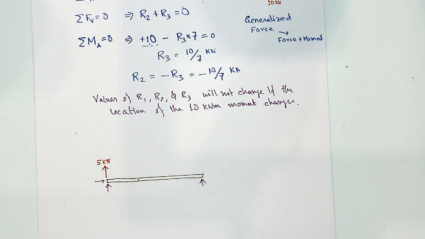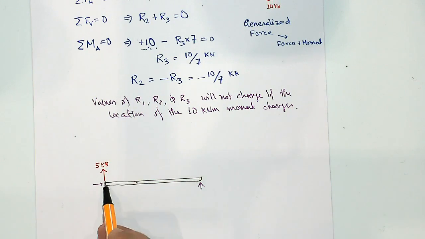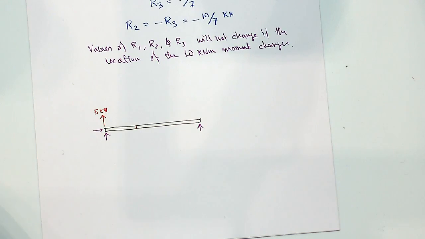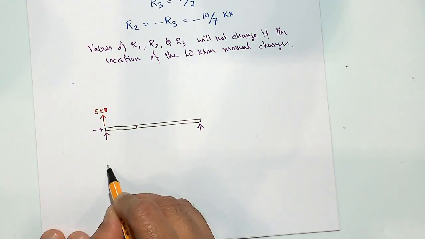That's a good question, because something similar applies when the moment is acting at a distance, or when you transfer the effect of a load. There are two things you have to consider. If, for example, there was a load like this and you want to transfer it to another point, you have to transfer the load as well as the moment.